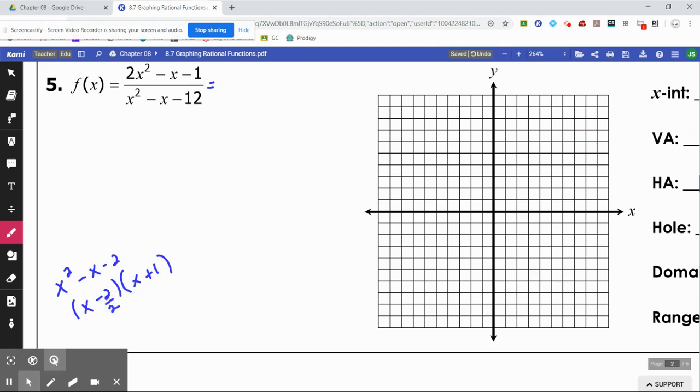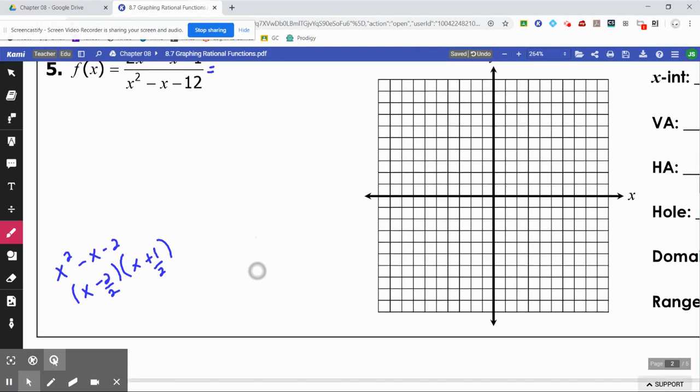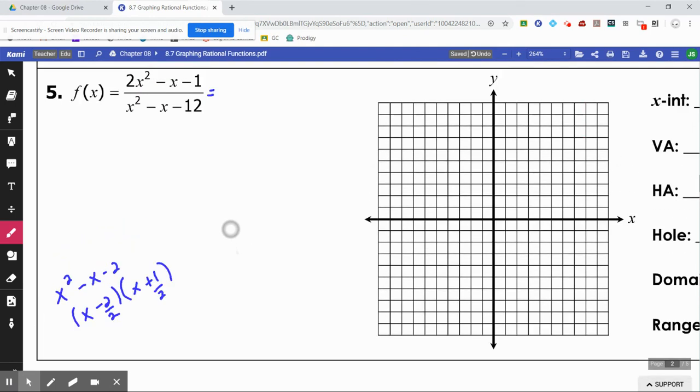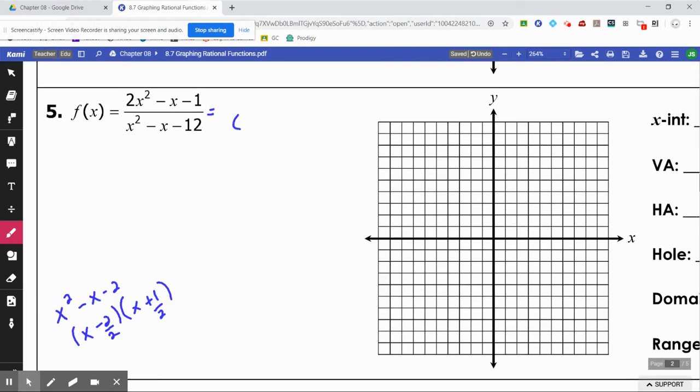You slipped the 2, so now let's divide by the 2. That leaves you with x minus 1 and 2x plus 1 when you reduce and slide it back to the front. That's the top.